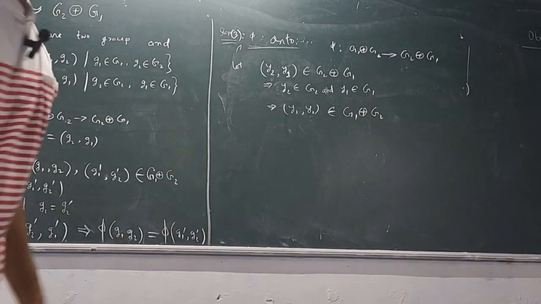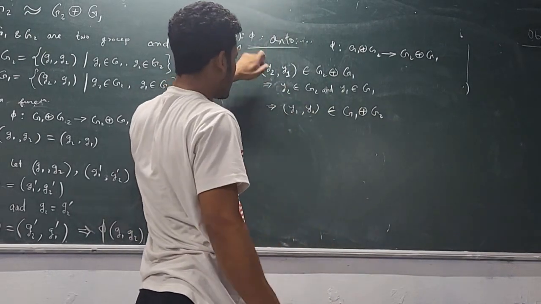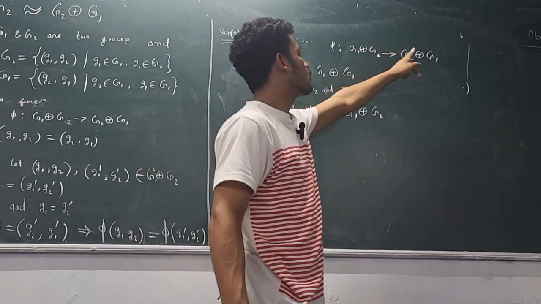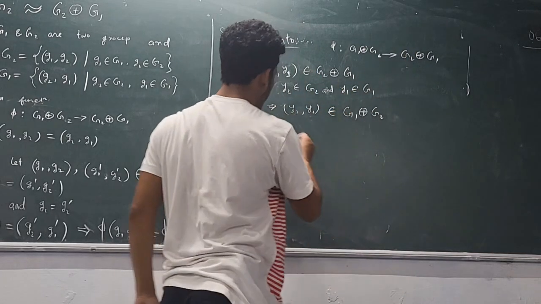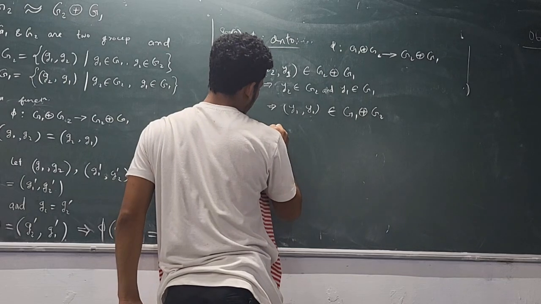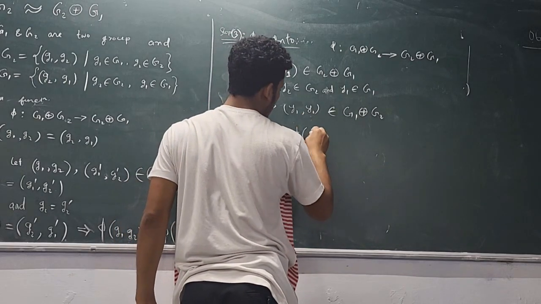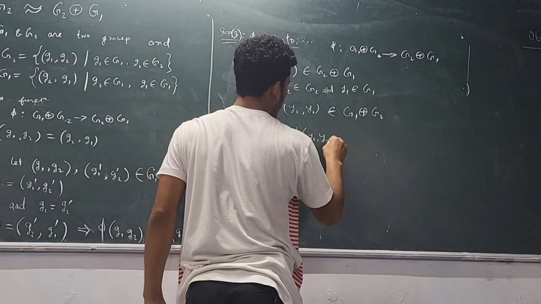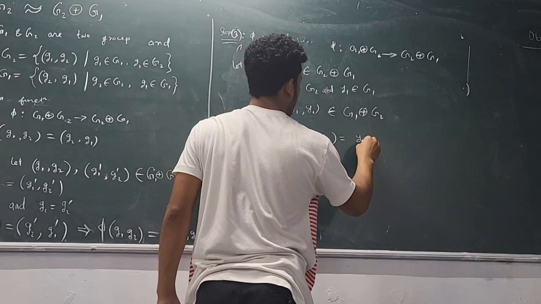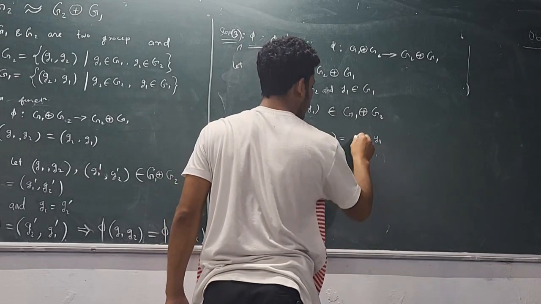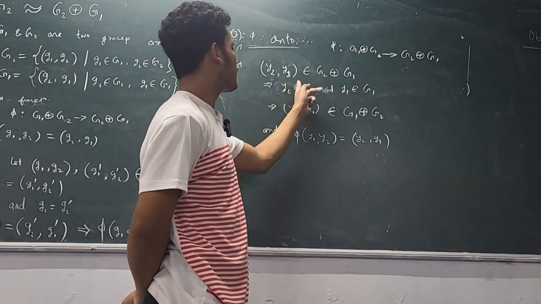Okay, is it visible? So if you take an element in the codomain, you have obtained an element in the domain such that phi of (y1, y2) is equal to (y2, y1).